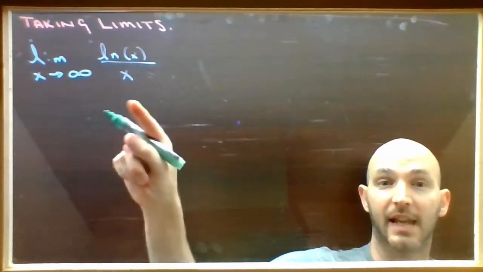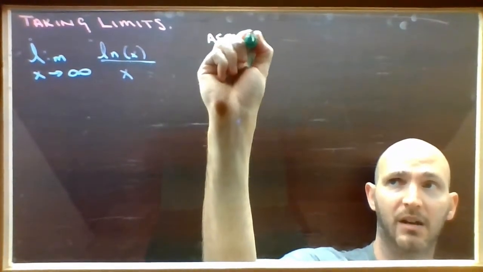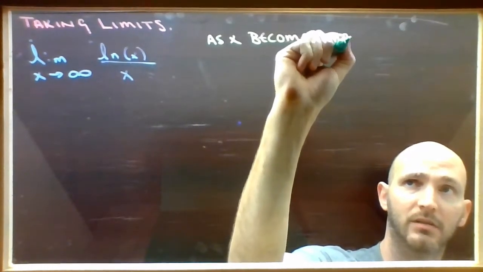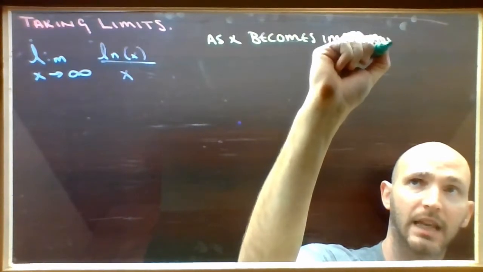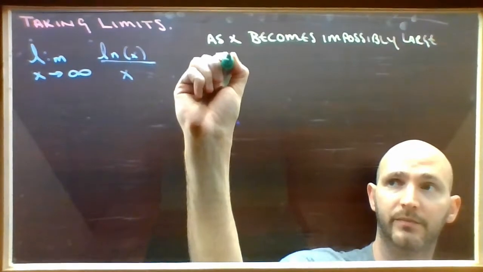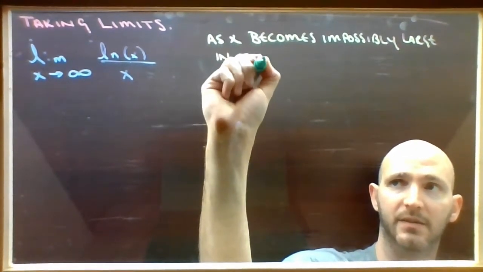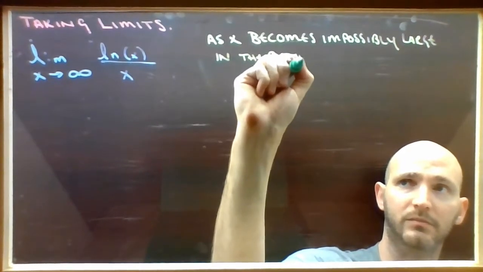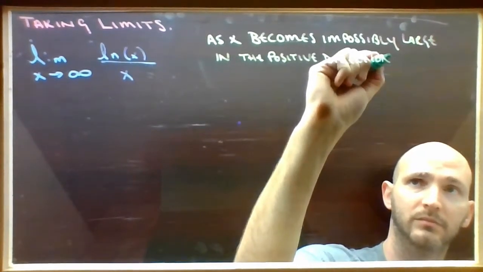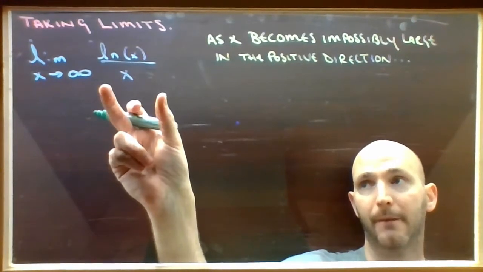So what this is saying in English is as x becomes impossibly large in the positive direction, because it's positive infinity, not negative, so in the positive direction, dot, dot, dot. I want to know what this is doing.